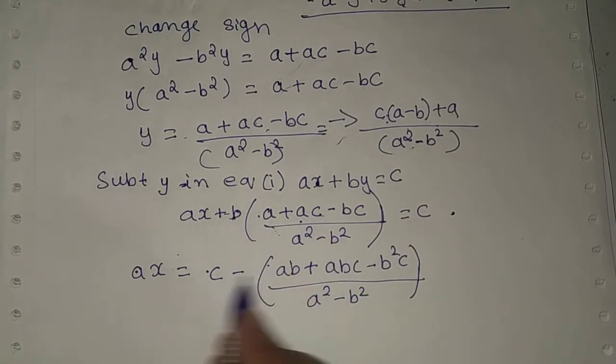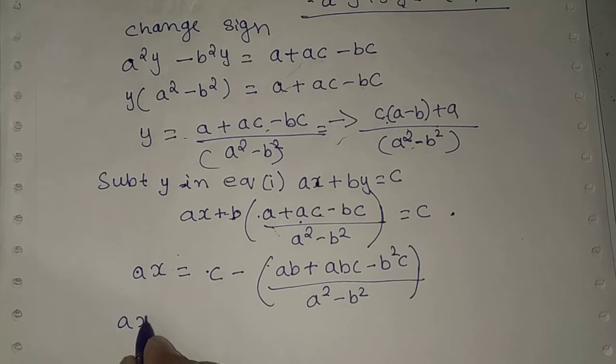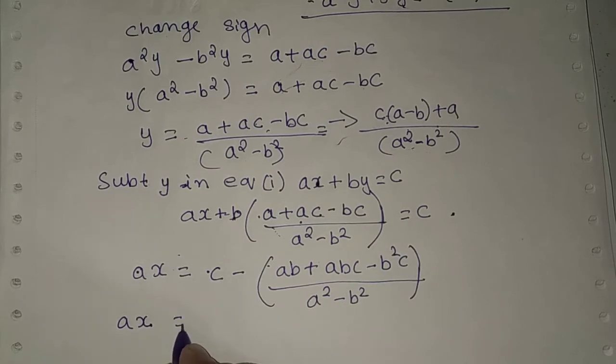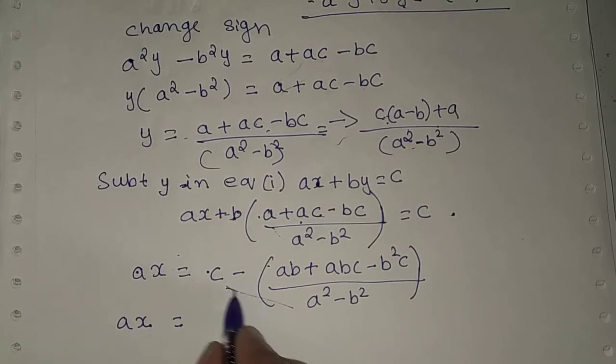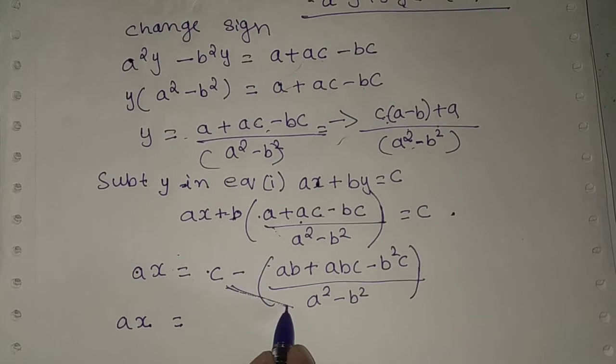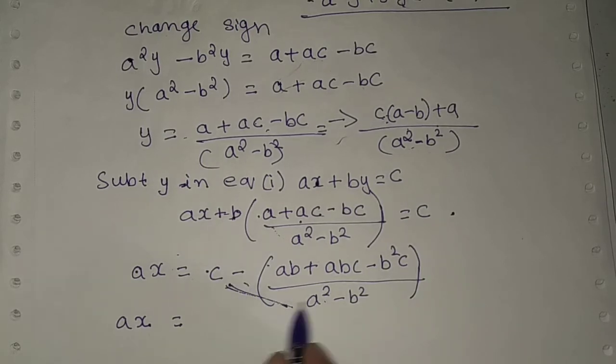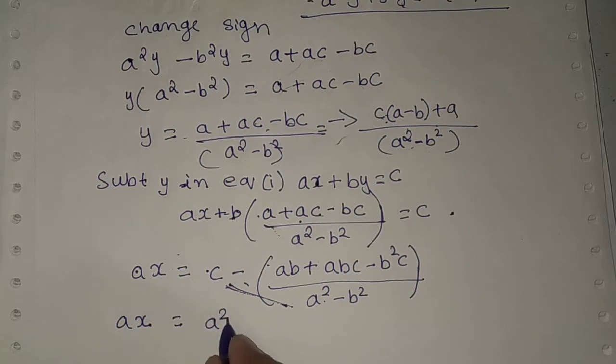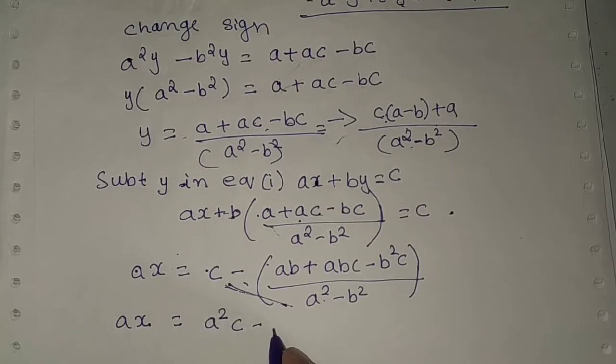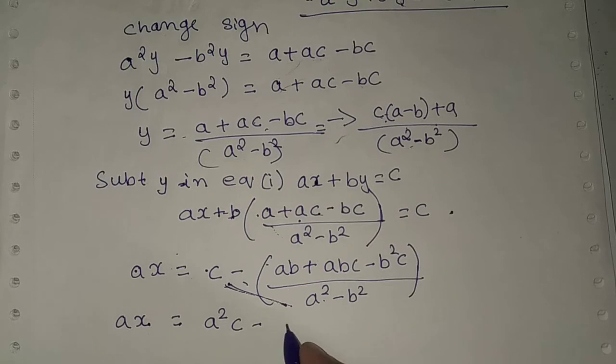After this, just write ax is equal to, multiply this, we can cross multiply this one. So we get, multiply c into this one. Therefore a square c minus, what happens, a square c and b square c.